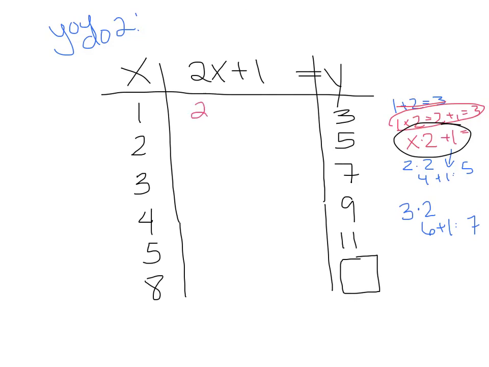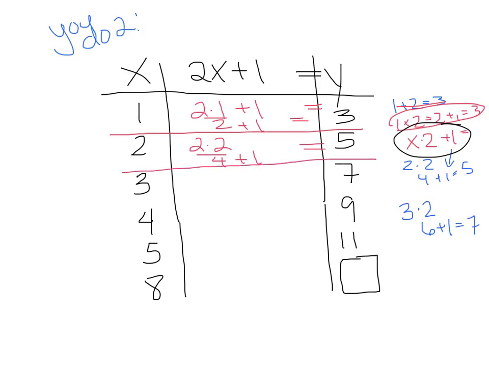So 2 times, if x is 1, 2 times 1 is 2, plus 1 equals 3. Okay? That's that row. Now if x equals 2, we will plug in 2 for that. So 2 times 2, which is 4, plus 1 equals 5. Yes, that works.